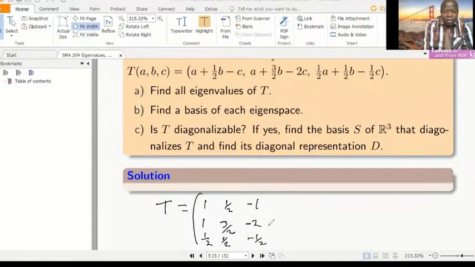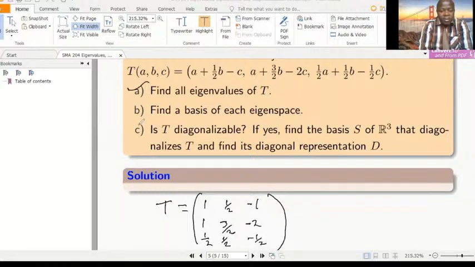So what the question is asking is, suppose we're given this matrix T, can you find all the eigenvalues? And then can you find the basis of each eigenspace? And then, is this T diagonalizable? So this is the question, and we shall proceed to find the eigenvalues of this T. And we know how we normally do it.